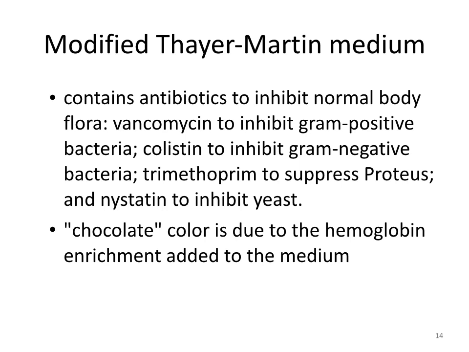And the reason for adding these antimicrobials to the medium would be because these organisms can be found contaminating the urethra. The chocolate color of the chocolate agar is due to the hemoglobin enrichment, which is gotten by heating red blood cells that are added to the medium.